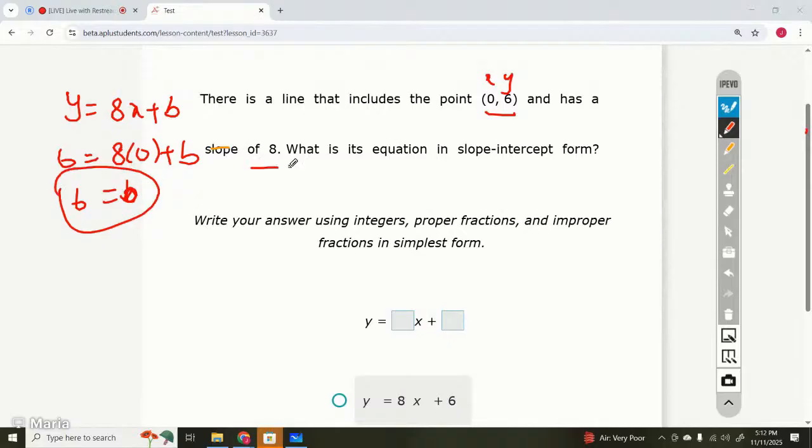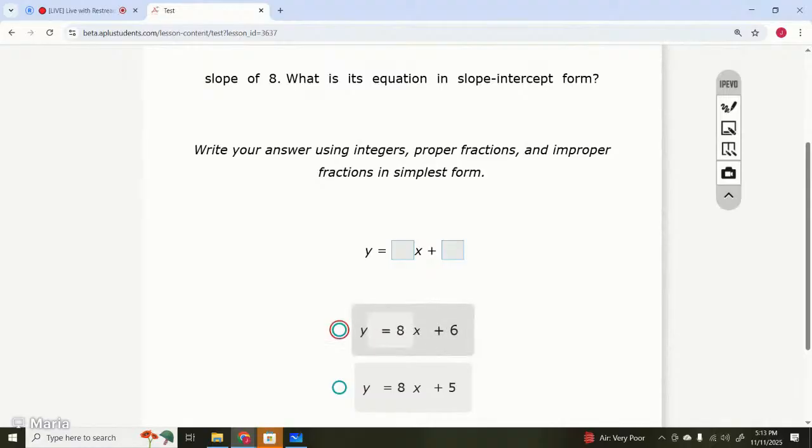Now we have the b and the slope, so just put the values in the equation. That is y equals 8x plus 6. The correct option is y equals 8x plus 6, option number 1.